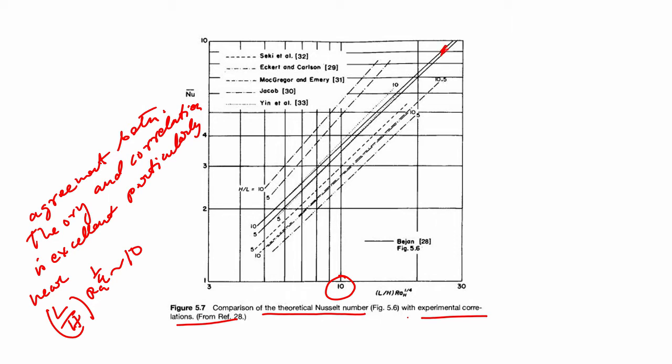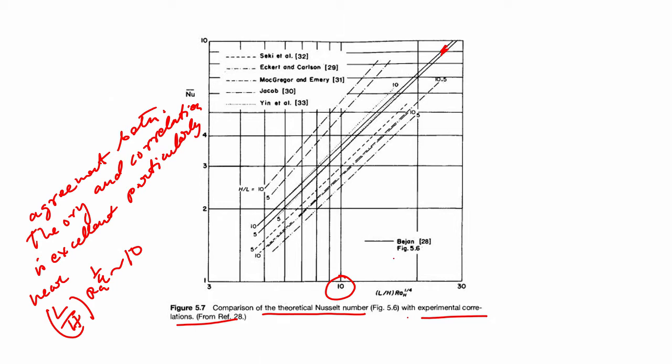These are the two lines. The rest are all different types of theoretical data. So around 10 the relationship is particularly good, as you can see over there. But there is a considerable variation above and below this particular point.